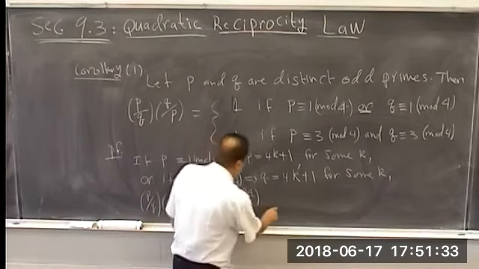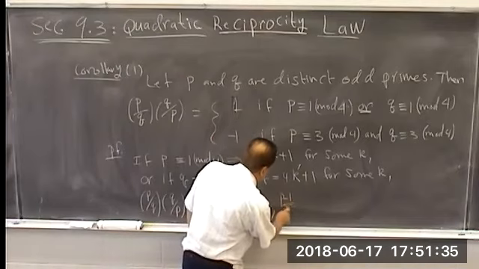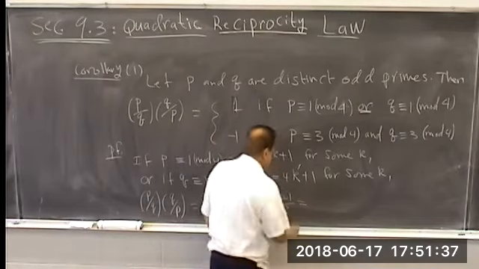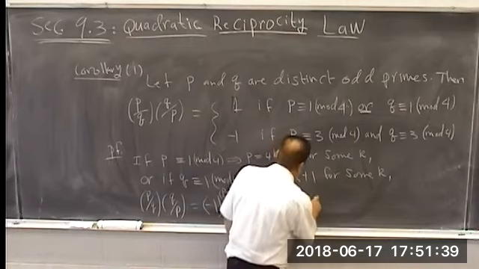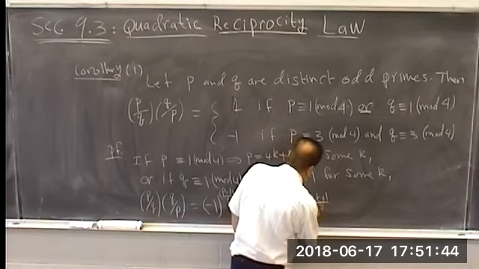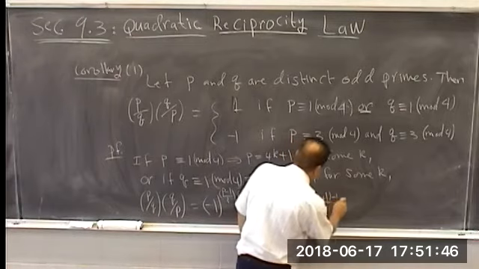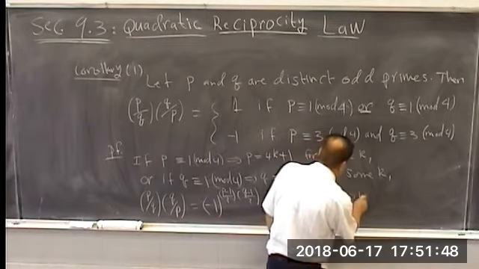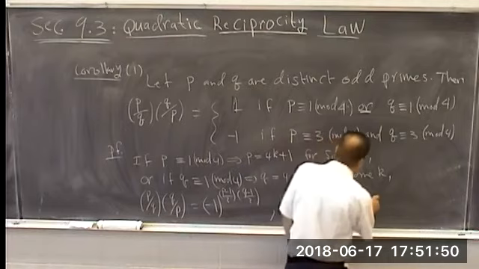For these, (P minus 1)/2 equals (4K plus 1 minus 1)/2, which is 2K, which is even.